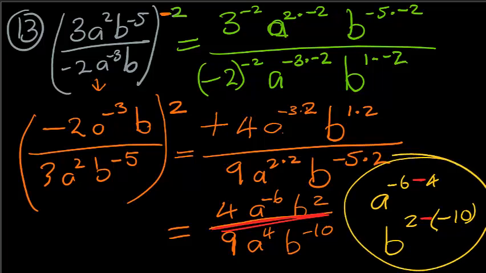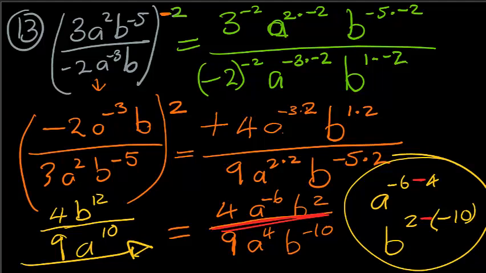So putting this together, I have 4 over 9. a^(-6 minus 4) gives me a^-10. b^(2 minus minus 10) is 2 plus 10, b^12. Which means that my b^12 becomes a numerator and my a^10 becomes a denominator. That is my final answer.